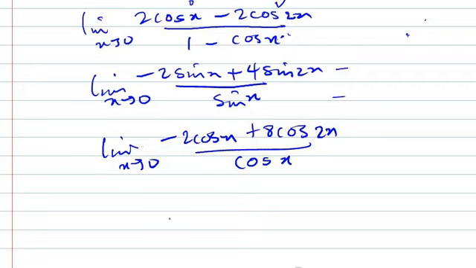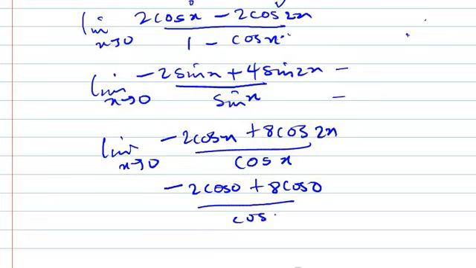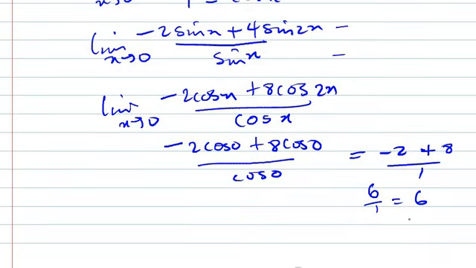If we put 0, we have minus 2 cos 0 plus 8 cos of 2 times 0, which is 0, all over cos 0. Cos 0 as we know is 1, so we have negative 2 plus 8 all over 1. Negative 2 plus 8 is just 6 over 1, which is 6. So the answer is going to be equal to 6. This is the final solution.